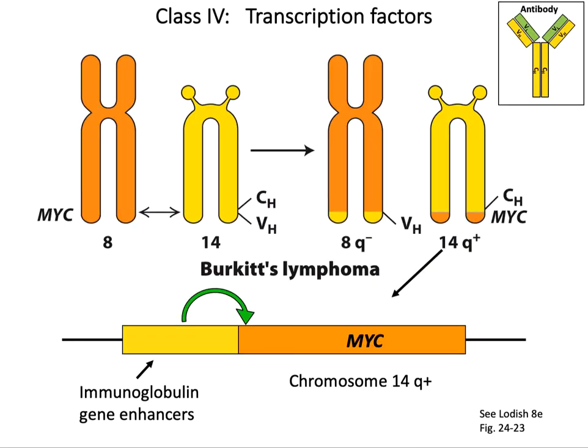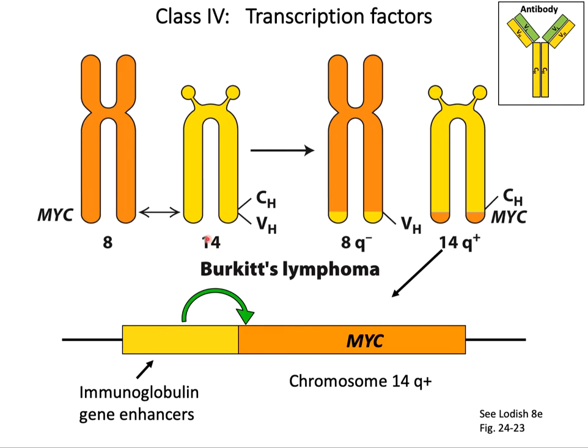And then let's look at one example of a transcription factor, which is a part of class 4 oncogenes. The cancer that I want to focus on is Burkitt's lymphoma, which is a B-cell tumor, a B-cell neoplastic transformation. In Burkitt's lymphoma, there is a balanced translocation between chromosome 8 and chromosome 14.